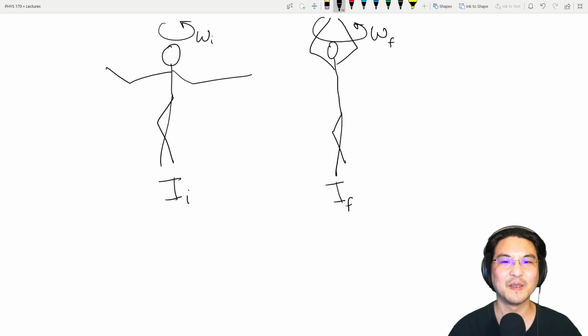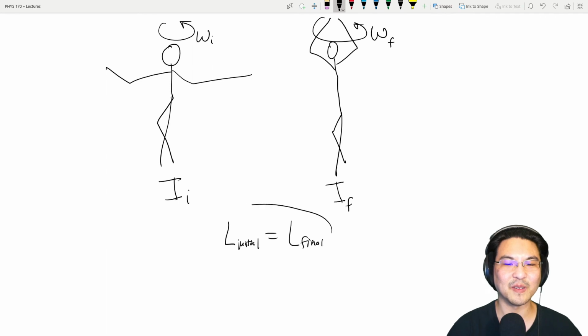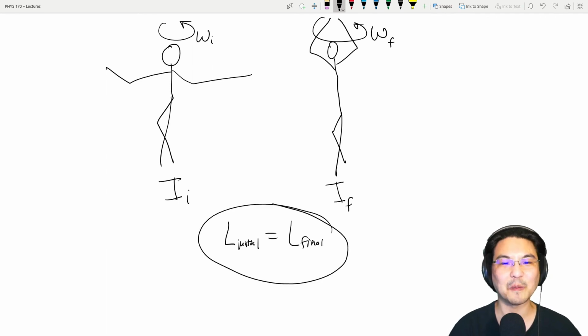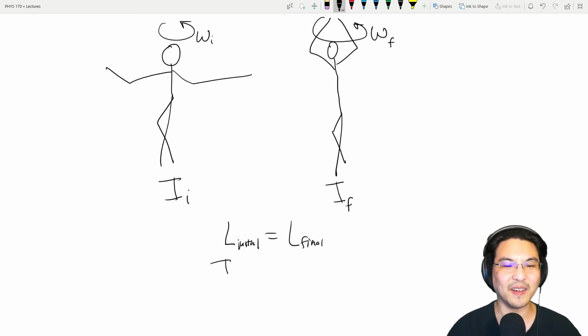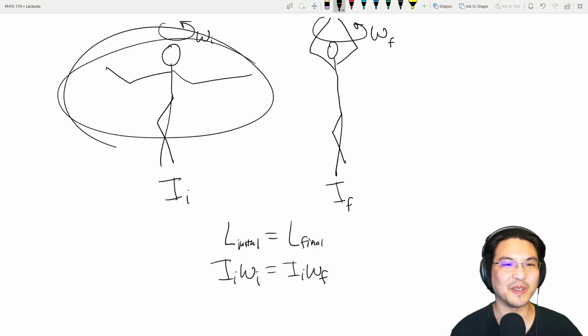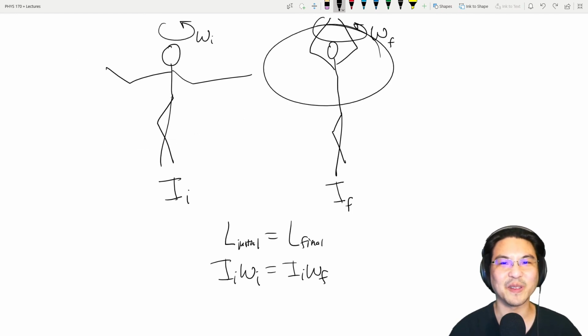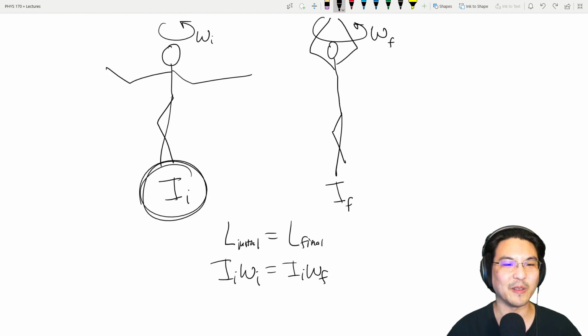So what happens to the angular velocity? If angular momentum is conserved, angular momentum initially is the same as final. So this is conservation of angular momentum. Initially, I omega. Final, I omega. If your arms are outstretched like this compared to like this, this is larger, this is smaller.